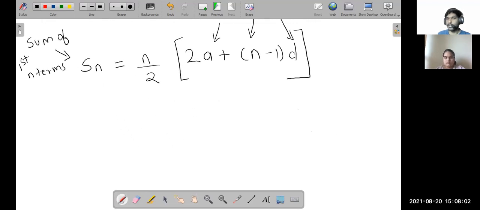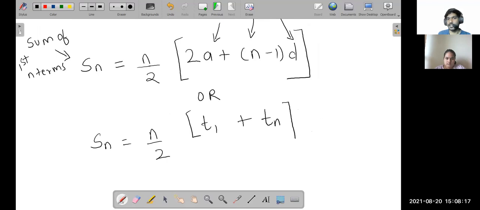We have two formulas to find Sn. The second formula is n upon 2 bracket t1 plus tn, where t1 is the first term and tn is the last term.